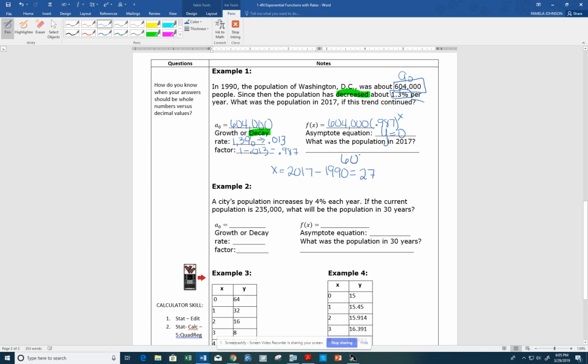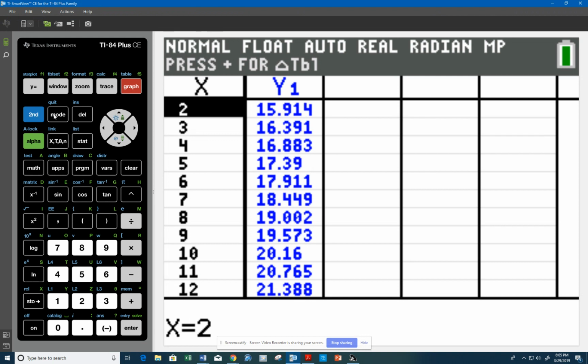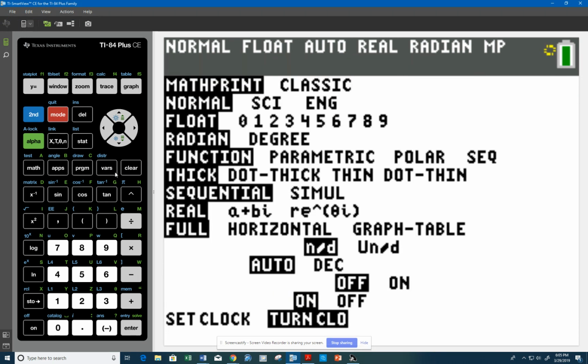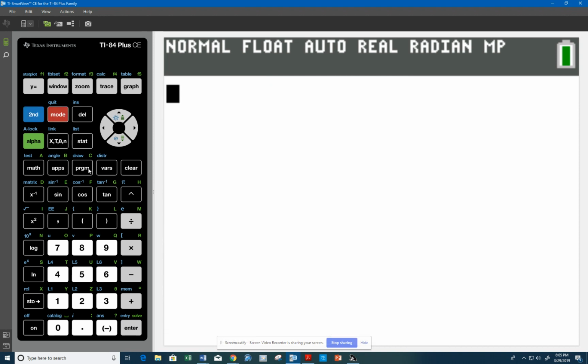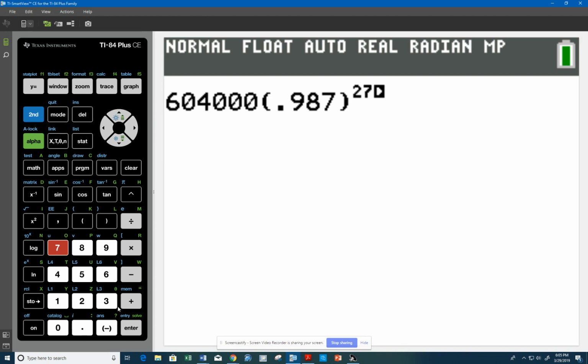So 604,000 times 0.987 to the 27th power. Let's look at our calculator, okay, because this is not one we could do in our head. So 604,000 times 0.987 to the 27th power.